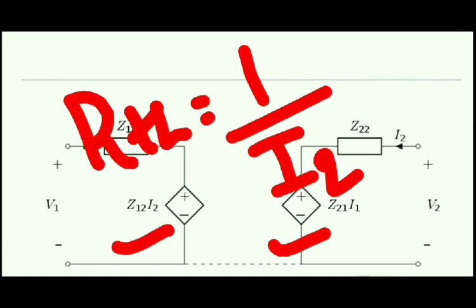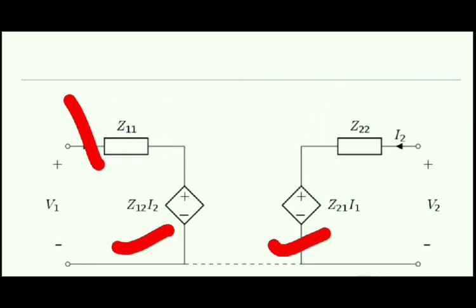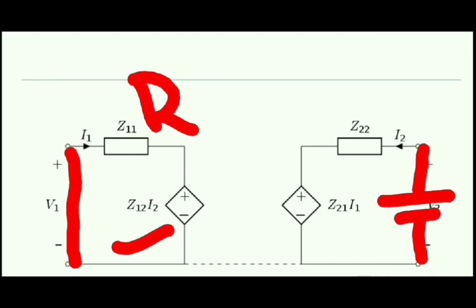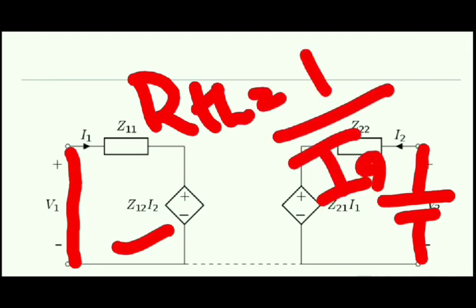So what we will do? We will do a very important procedure. We will just short circuit this particular independent source and we will place a 1 volt battery over here, and we can easily calculate the value of 1 upon I2.